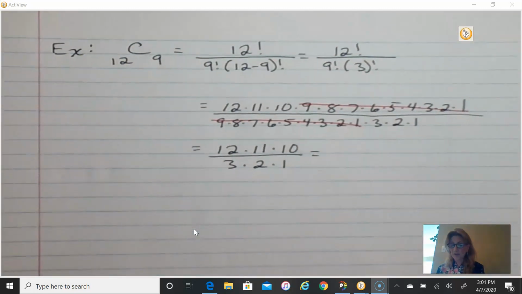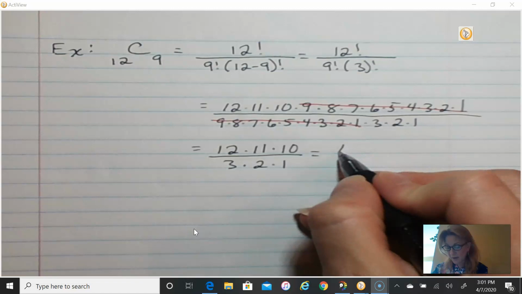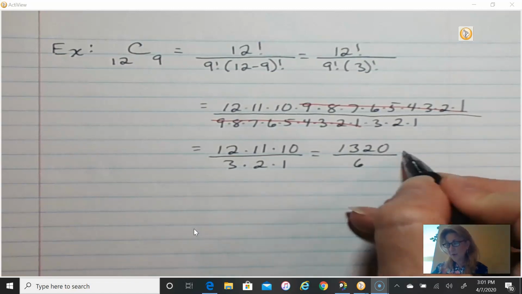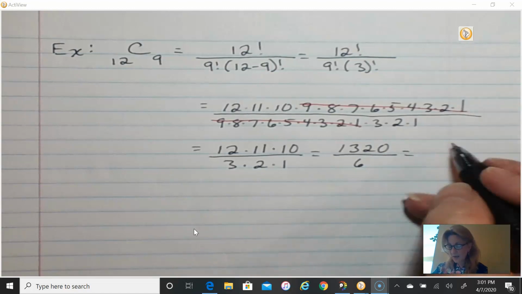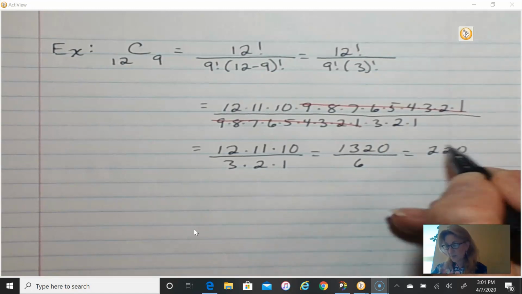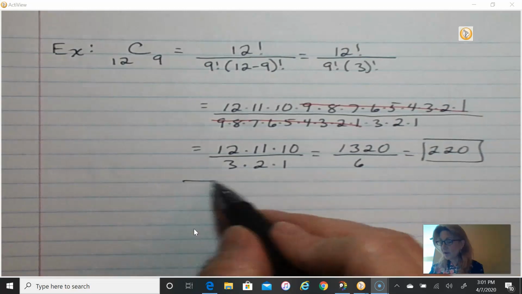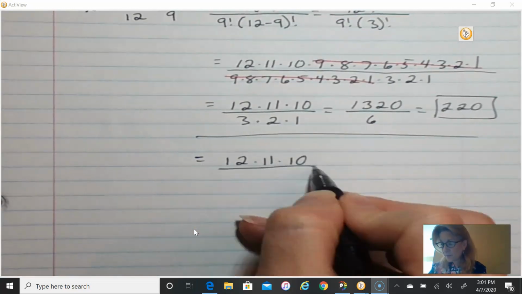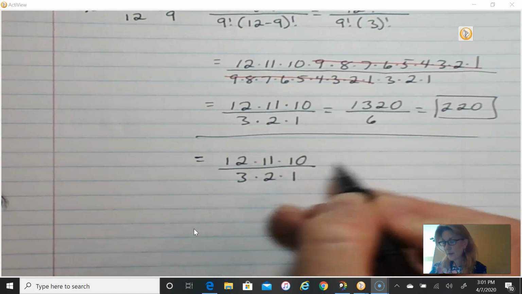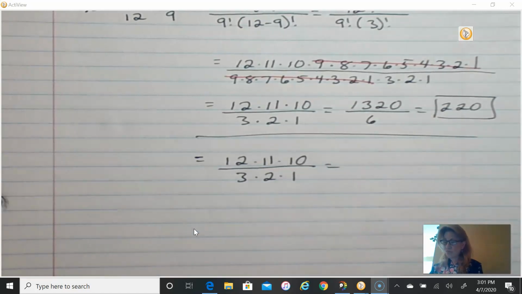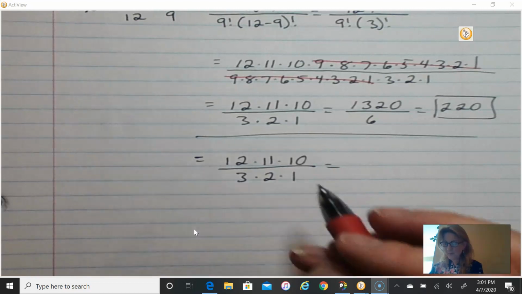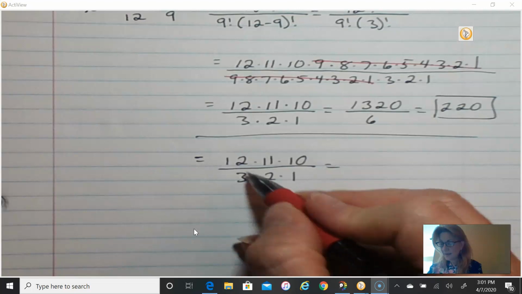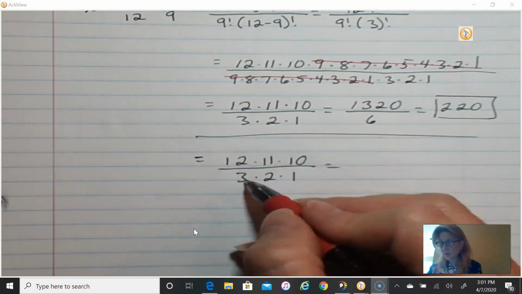Now, if I worked it out the normal way, going across, I'd have that on top and this on bottom. You would divide and you would get 220. Or the trick way, I'm going to choose 2 to go into 10 instead of 12 because 3 won't go into 10 evenly.